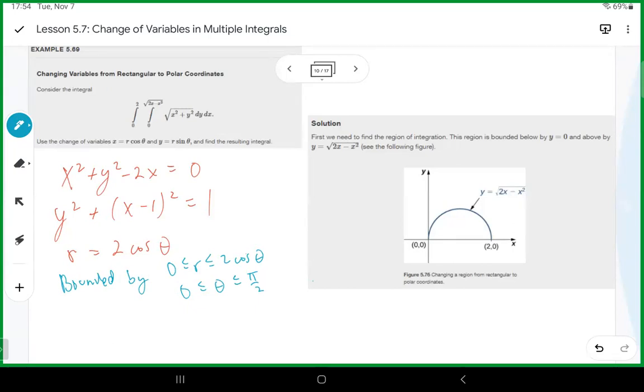So then now we have to find the Jacobian. We know then that J(r, theta) equals r, and that was from example 5.67.